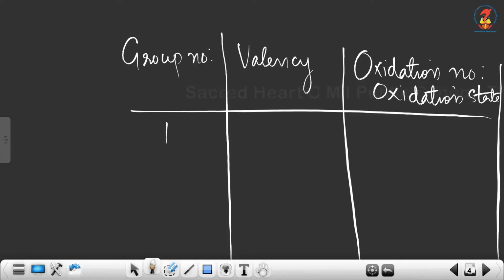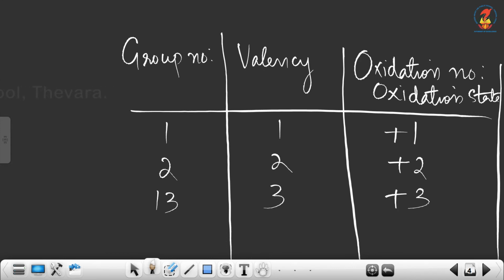Group 1, valency is 1 and oxidation number shown is +1. Group 2, valency 2, +2. Group 3 to 12 you need not learn now. Now group 13 to 18. For 13, valency is 3 and oxidation number is +3.